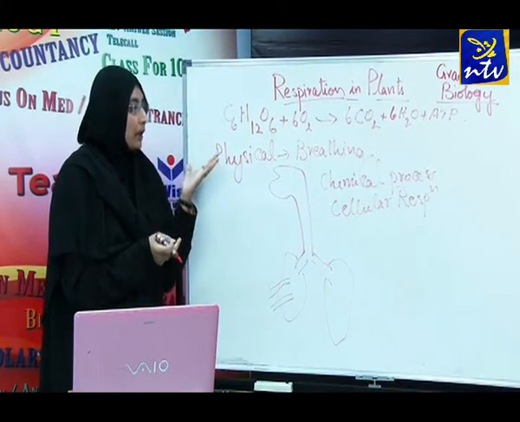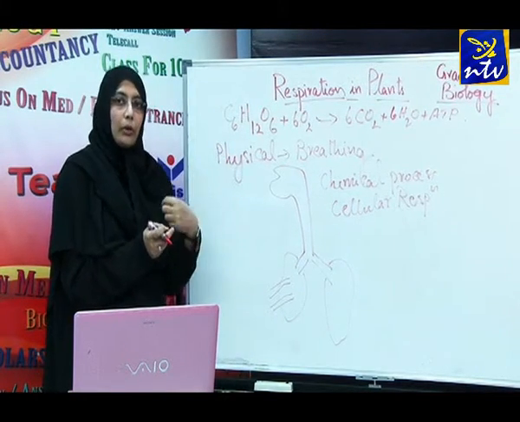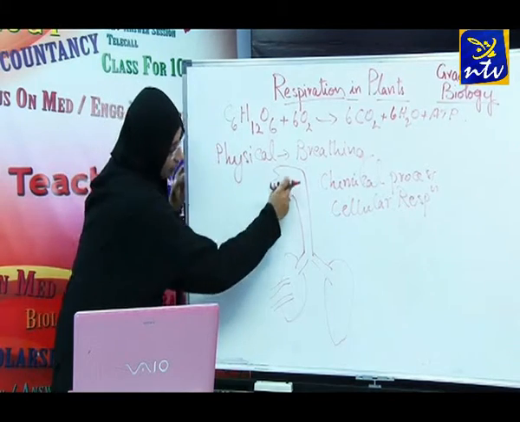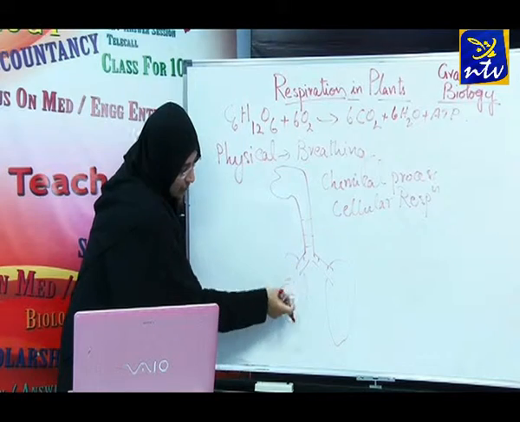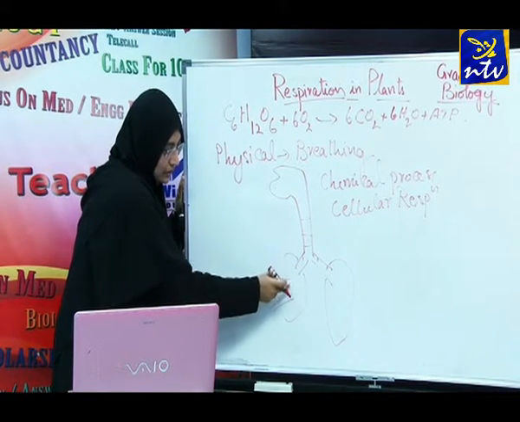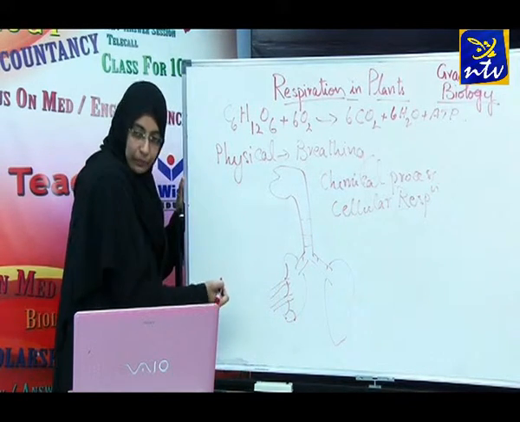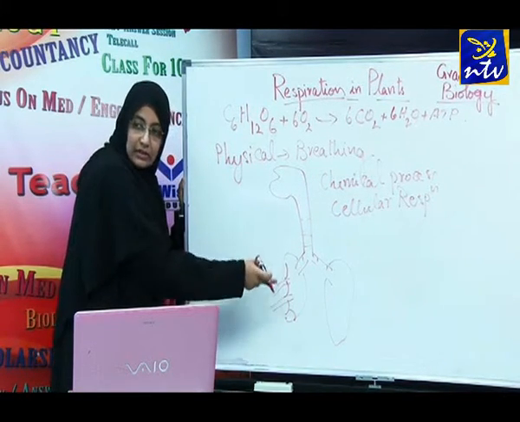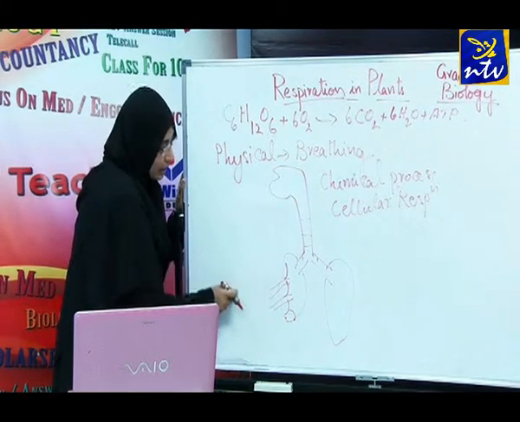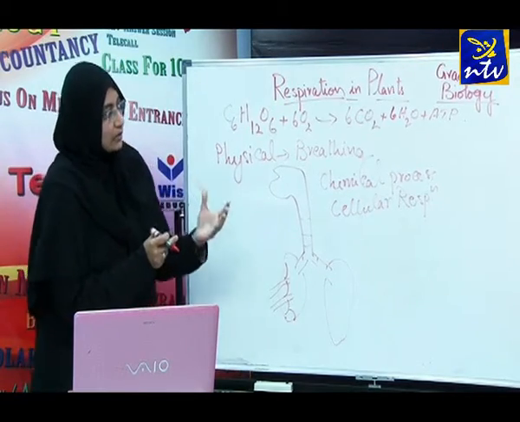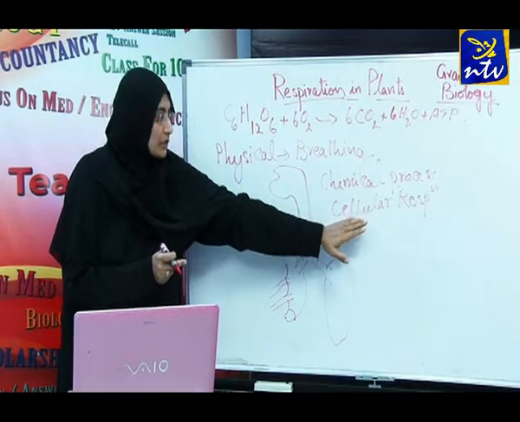We take the air which contains more oxygen into the body, and this air passes through the nostrils, trachea, then bronchi, and reaches the lungs, and from the alveoli chambers of the lungs it enters the capillaries where the exchange of gases takes place. This oxygenated blood is taken into the tissues, where the chemical process takes place. This process is known as cellular respiration.